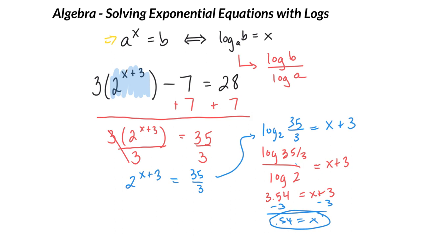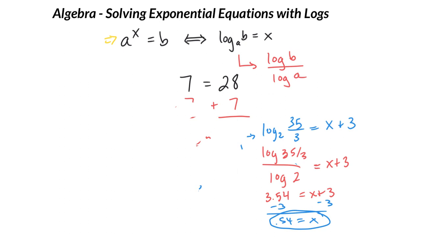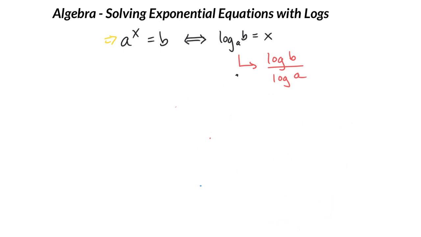Now, I do want to point out that there are some log rules that you often learn in pre-calculus that deal with exponents. Say I have something like 2 to the x equals 50, and I'm going to take the log of both sides.